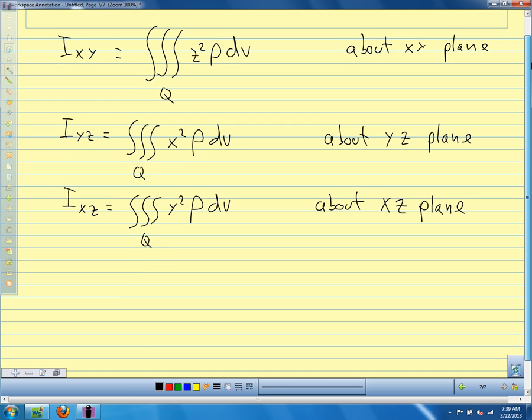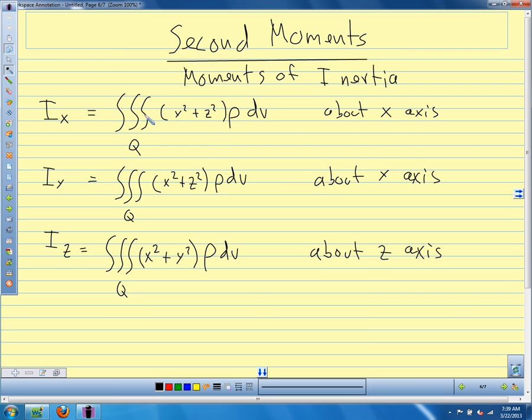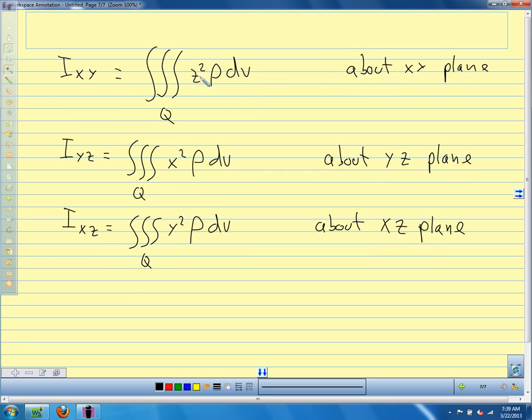And the reason that we're talking about these moments about the planes is, let me go back here really quickly, I sub x involves y squared plus z squared rho dv. And depending on your density function, this triple integral can be difficult to evaluate, where these integrals just involve a z squared, an x squared, a y squared.